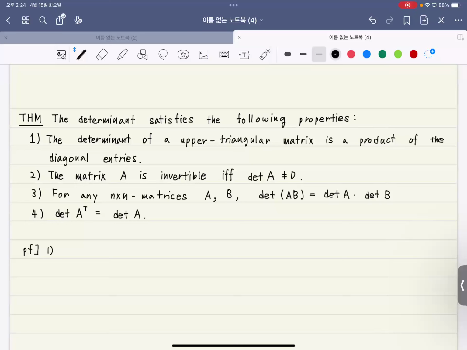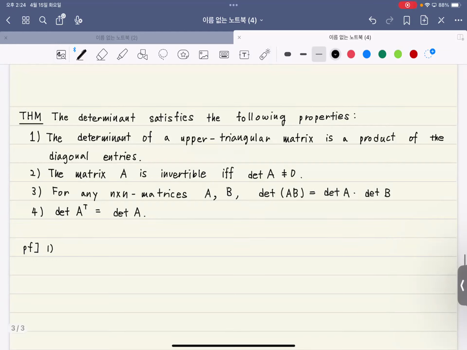Number 1 first. We are interested in finding the determinant of the upper triangular matrix. We are going to consider two cases.